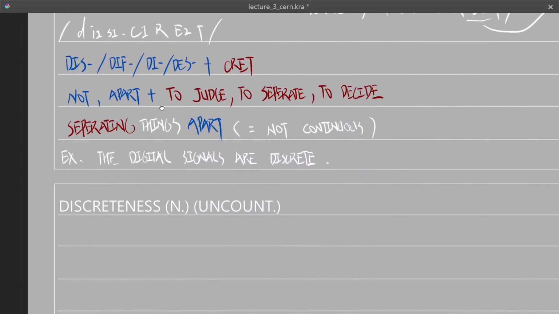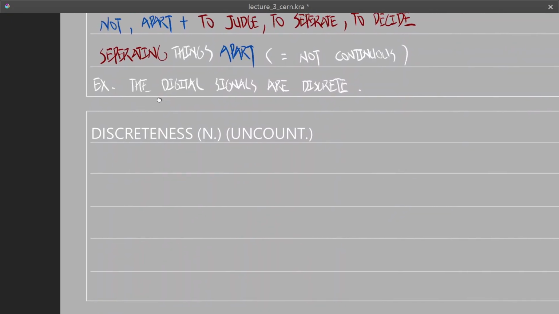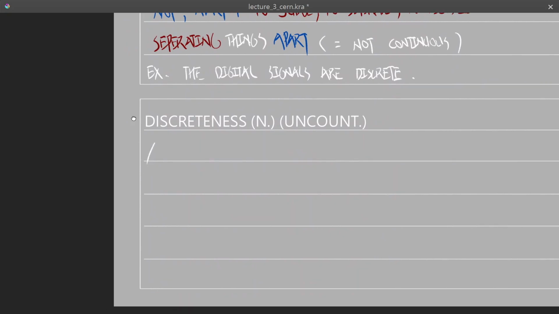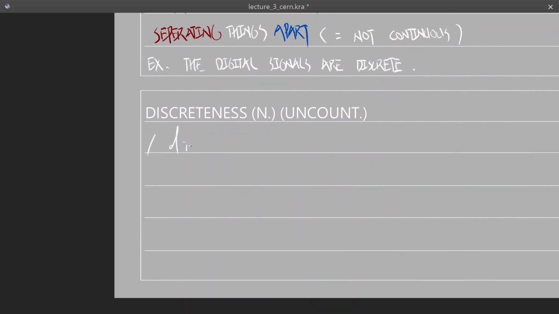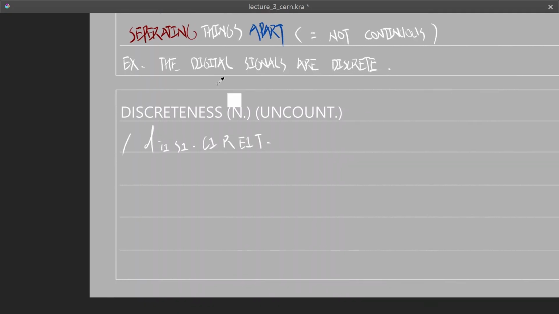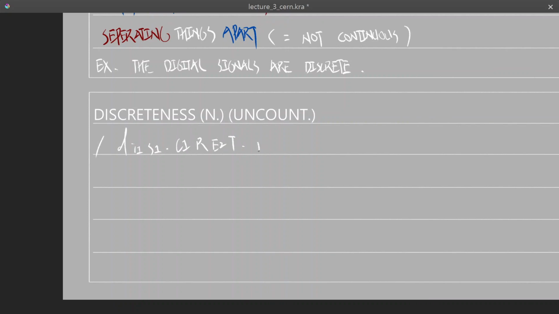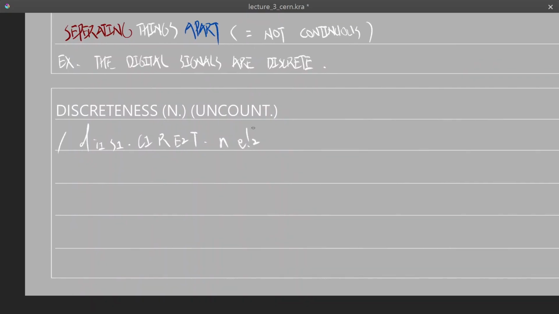Okay, next. The noun form of discrete: discreteness. Discreteness is the conjunction of discrete and the noun suffix.